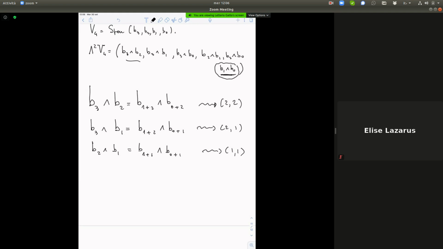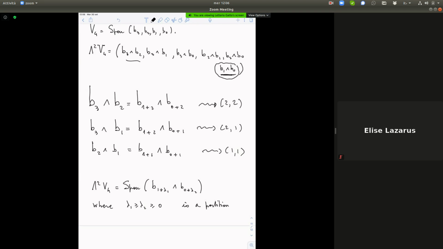Then, okay, we have discovered that wedge 2 of V4 is the span of B1 plus lambda 1 wedge B0 plus lambda 2, where lambda 1 bigger or equal than lambda 2, bigger or equal than 0, is a partition.